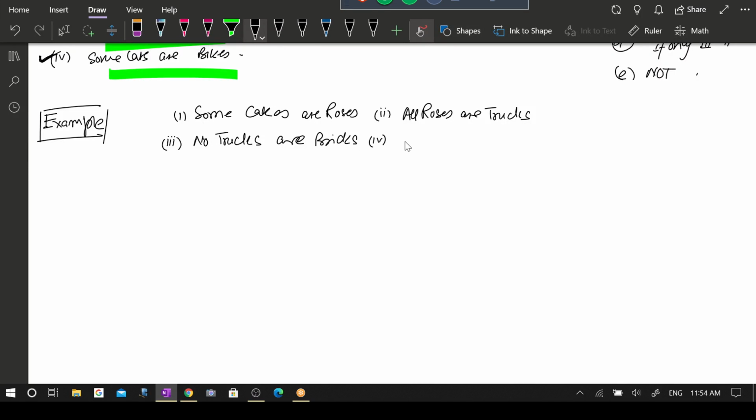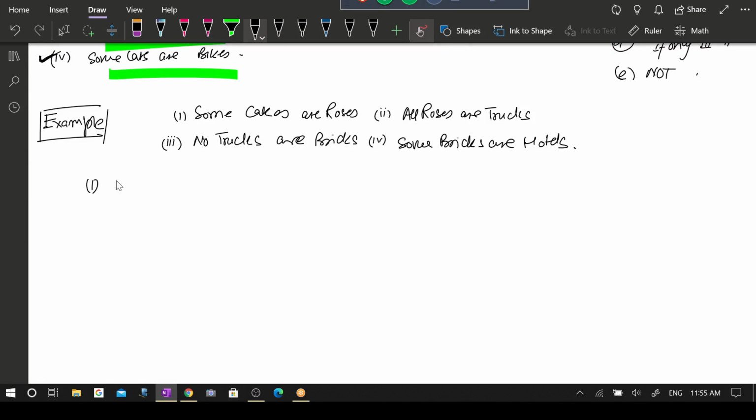And fourth premise, some bricks are hotels. Alright, so there are four premises, and conclusions are given to you.